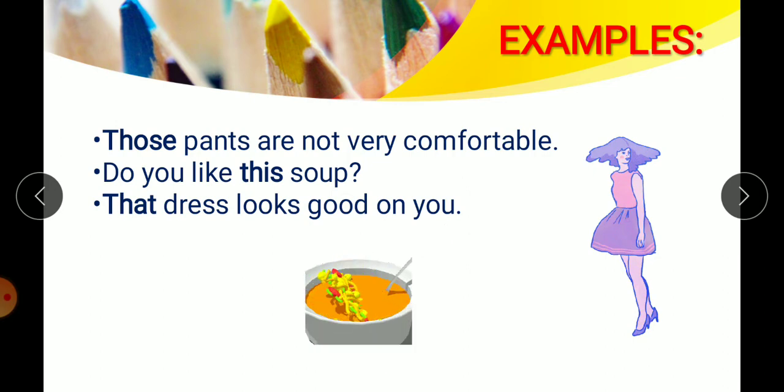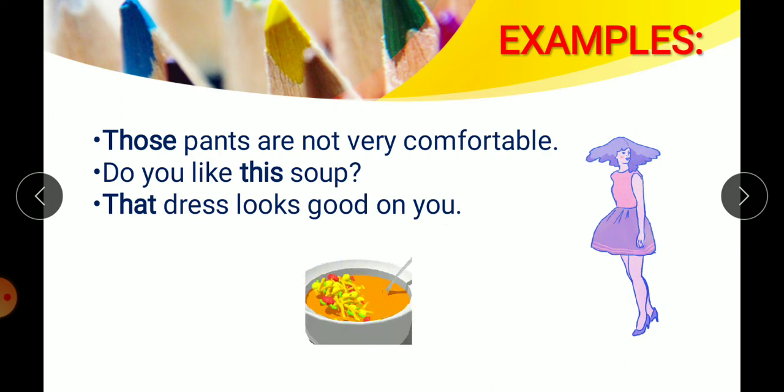Now just note one thing. Whenever we are using demonstrative adjectives, immediately after it, तुरंत उसके बाद, there will be a noun, like those pants. So pants is a noun. Do you like this soup? Now this is a demonstrative adjective.